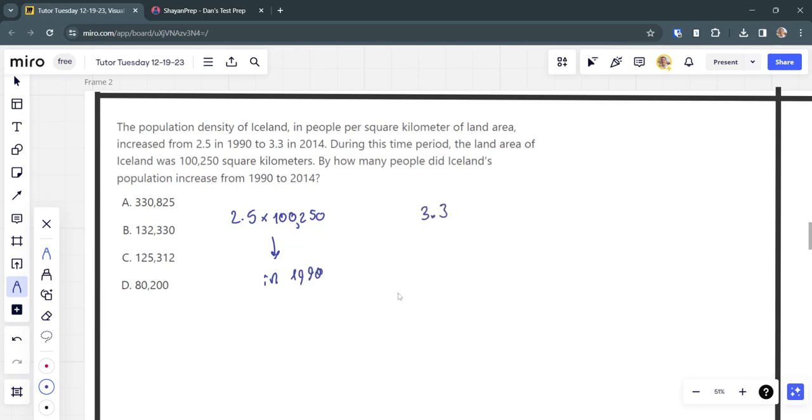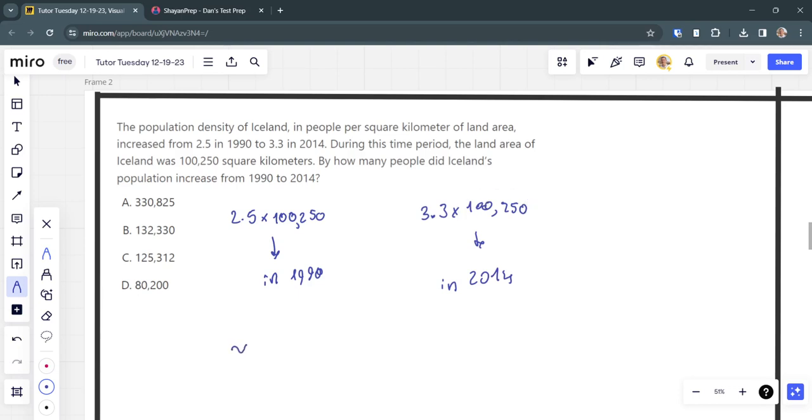And then the number of people in 2014 is represented by this number. So really we just have to multiply this out, which, that's gonna be 3.3 times 100,000. You could even maybe estimate this. I mean, it is the digital SAT, so you do get a Desmos calculator, but this rounds off to around 100,000.